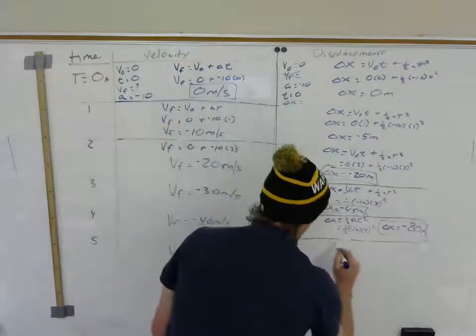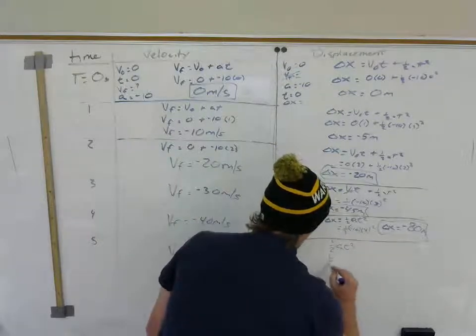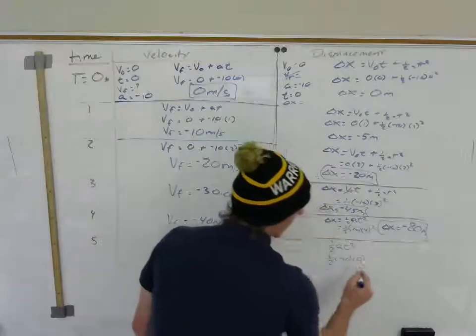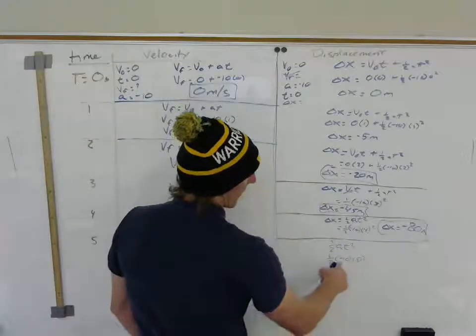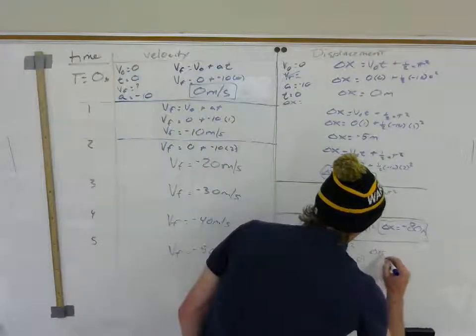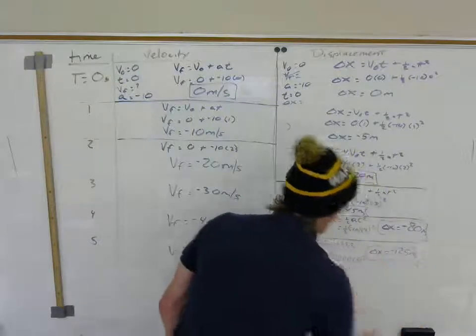And then the same thing down here. After 5 seconds, 1/2 at squared is 1/2 times -10 times 5 squared. 5 squared is 25, times -10 is -250. Half of that is -125. So my change in x equals -125 meters.